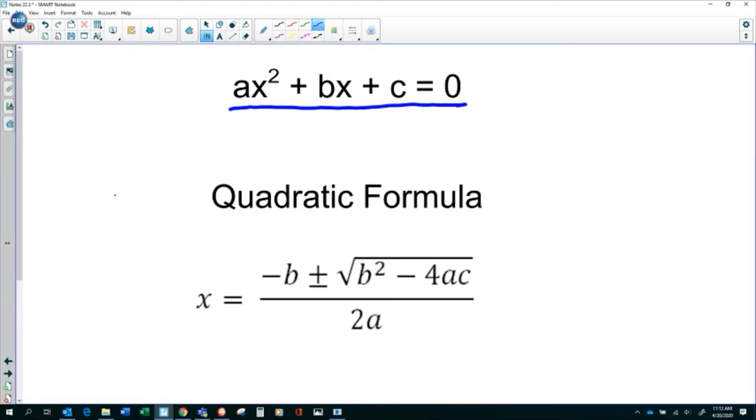So please take a moment and write this down in your notebook, as it is going to be important for this lesson and future algebra lessons that deal with quadratics, including algebra 2 and so on. Now this is x equals negative b plus or minus the square root of b squared minus 4ac, all divided by 2a. I'll show you how that works here in a minute.